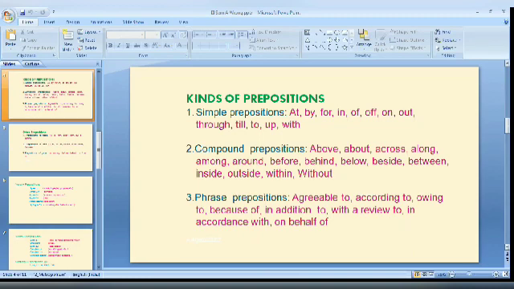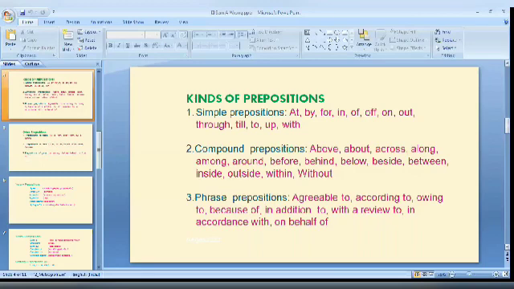And the second type of group of prepositions are called as compound prepositions. Compound prepositions are those prepositions. Generally, they are a little bigger in their size, and they are used to establish a relationship between the two groups of words.